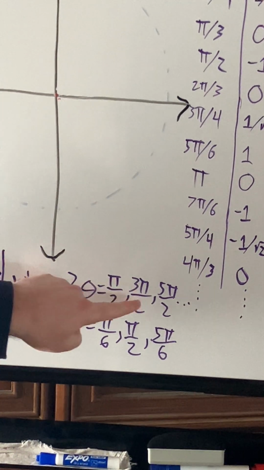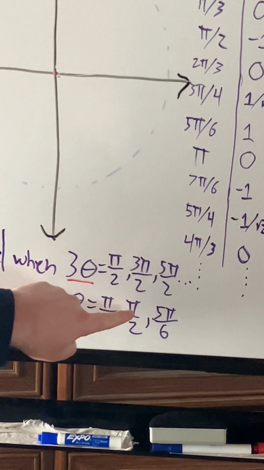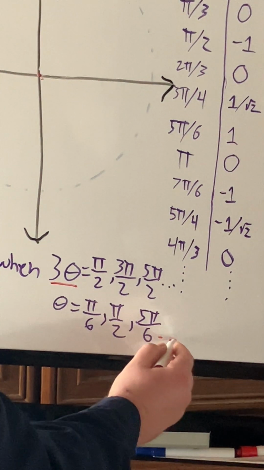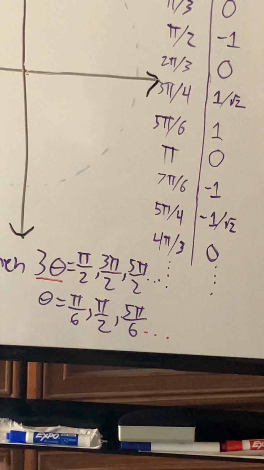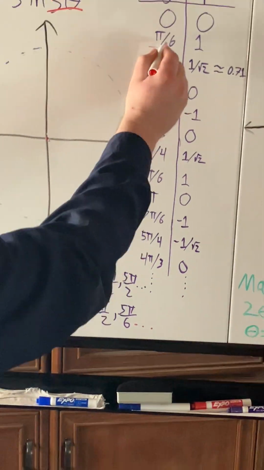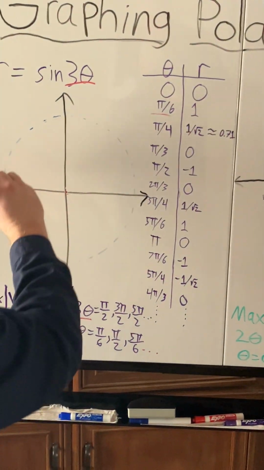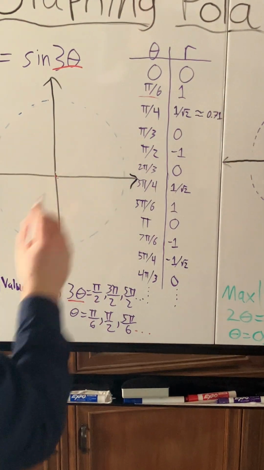Then when we multiply all these by 1/3, we get pi over 6, pi over 2, 5 pi over 6, and that would keep going technically, but we're just going to need these values to start with. So we know at pi over 6, we have a maximum value of 1, and I've sketched a circle here to represent a radius of 1.